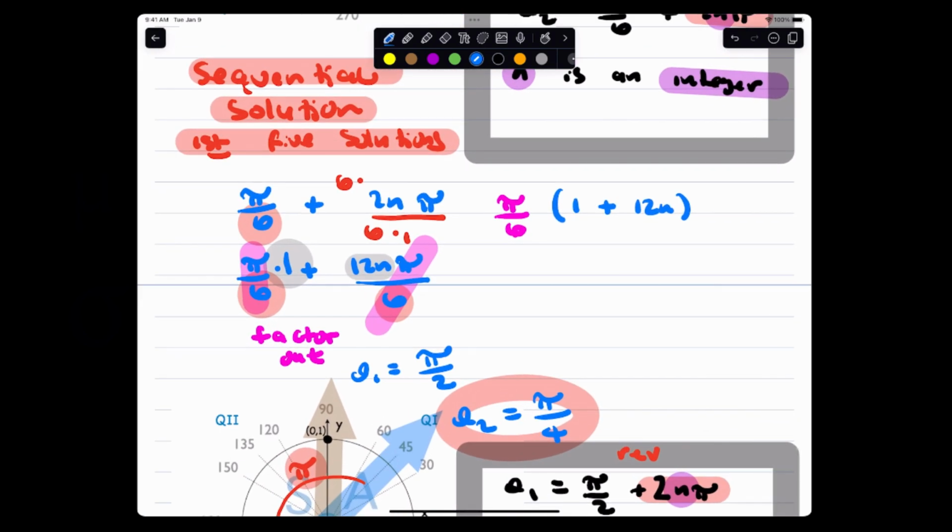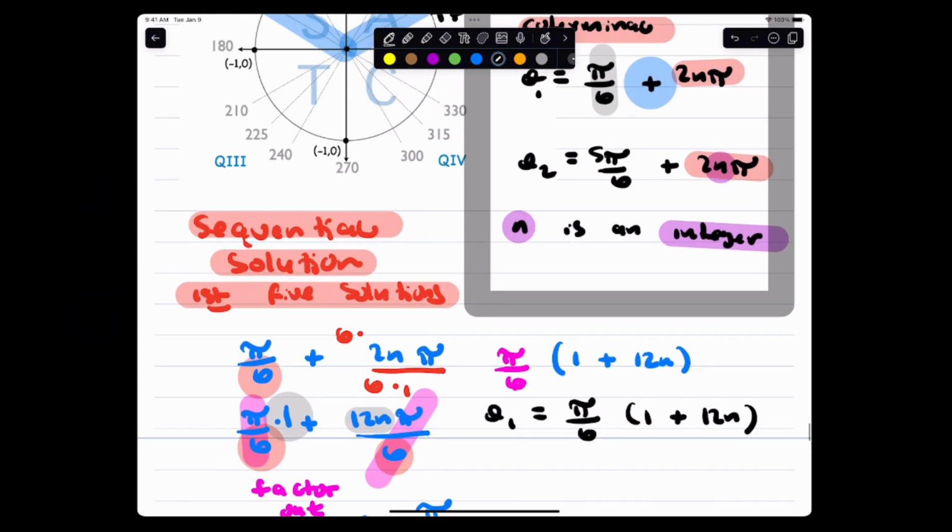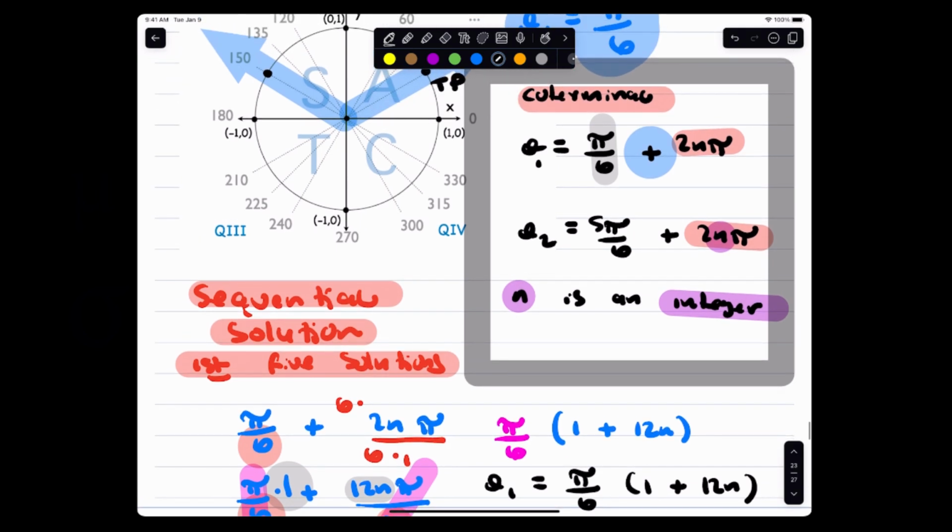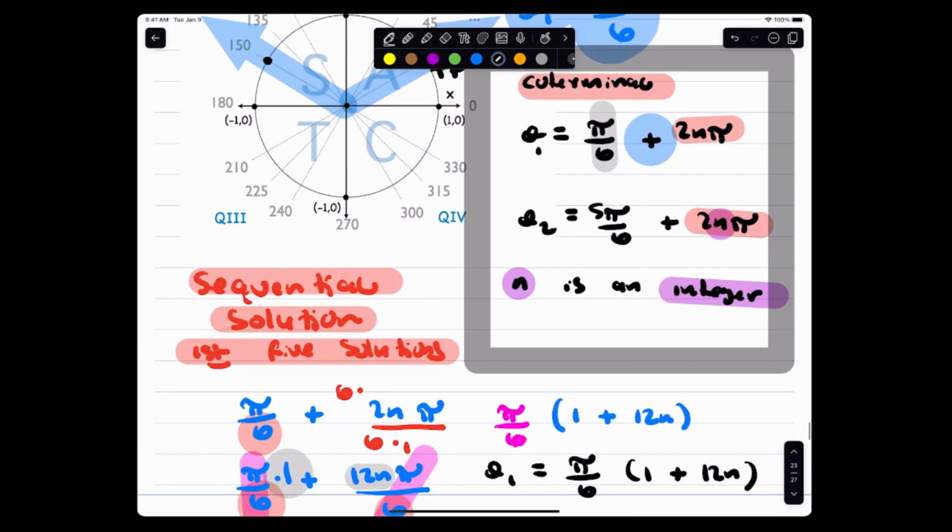You have now, this is called the sequential form. It'll be pi over 6 times 1 plus what? 12n. Okay? So I'm going to erase this up here and write down the sequential form.